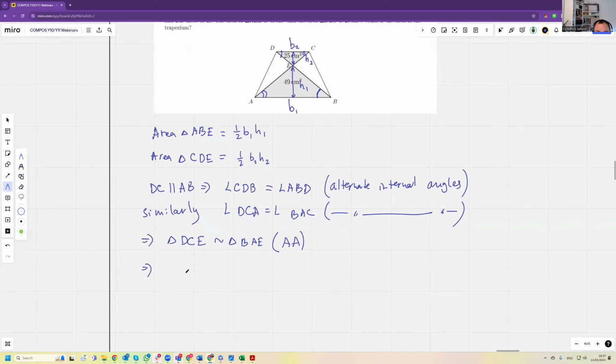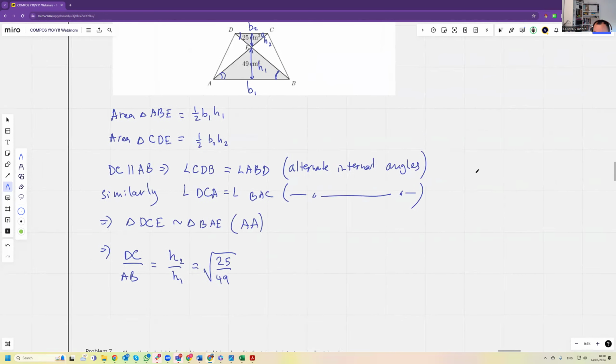And that means that the ratio of DC to AB is equal to the ratio of H2 to H1, and that's equal to the square root of 25 to 49.